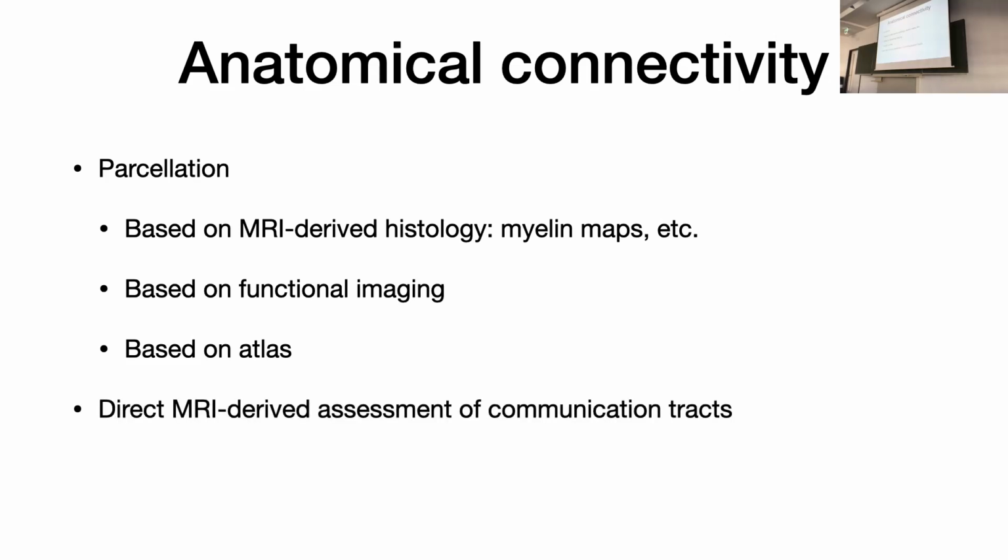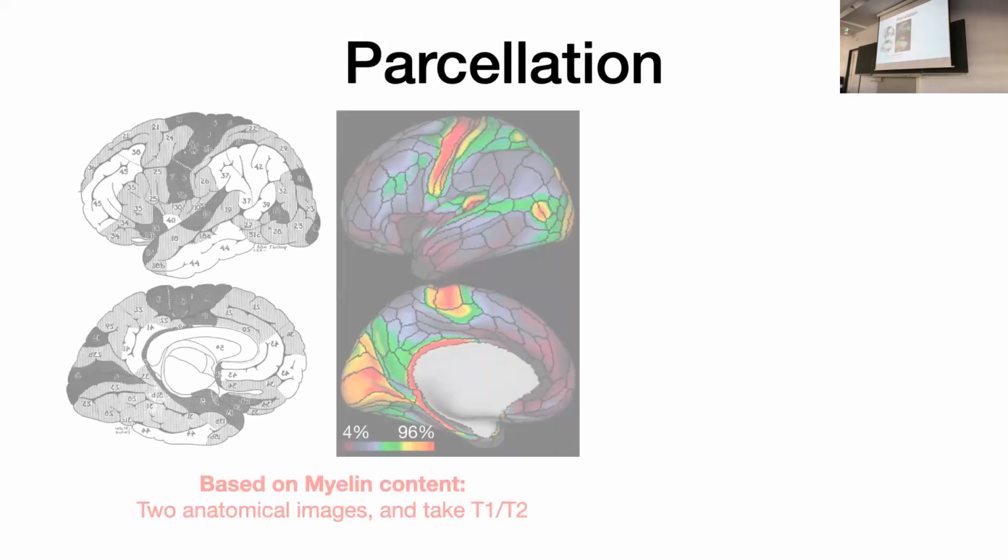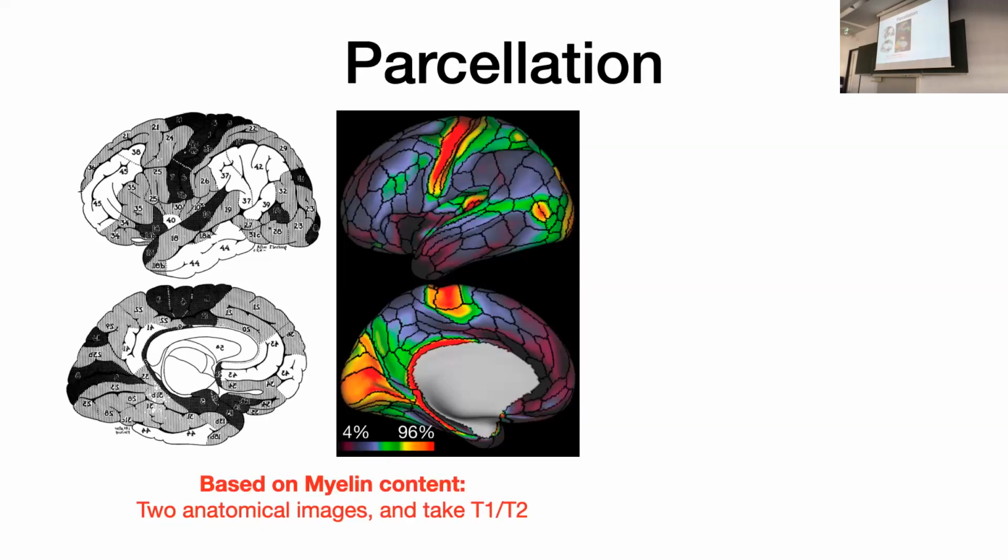And then what you can also do in terms of anatomical connectivity is this direct assessment of communication tracts by means of tractography. I think I showed you an example of this earlier on. It's DTI.